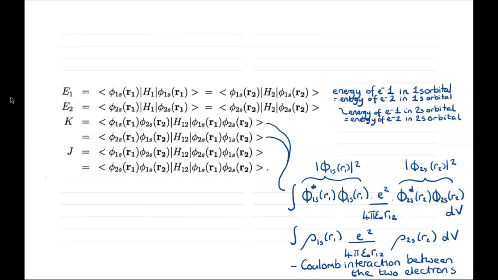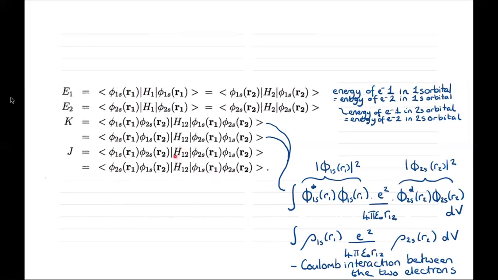So I can't rewrite it in this form of a charge density of electron 1 in the 1s orbital, because on the left, electron 1 is in the 1s orbital, but on the right, electron 1 is in the 2s orbital. And likewise, the bottom line, I start with electron 1 in the 2s orbital on the left, but on the right, electron 1 is in the 1s orbital.